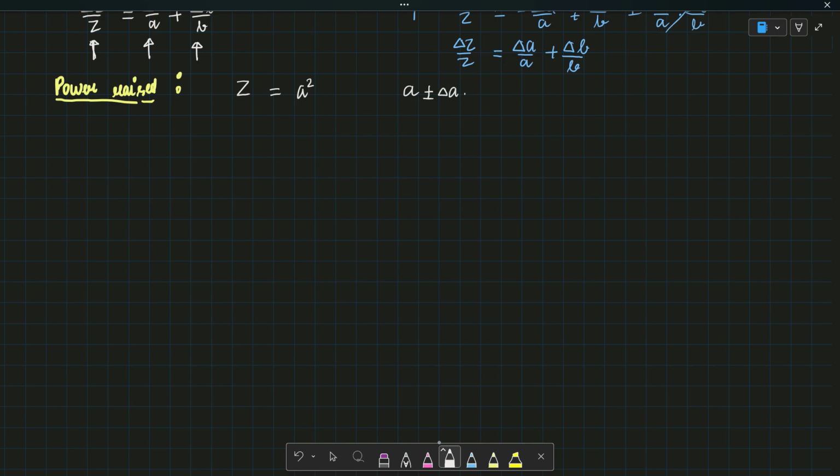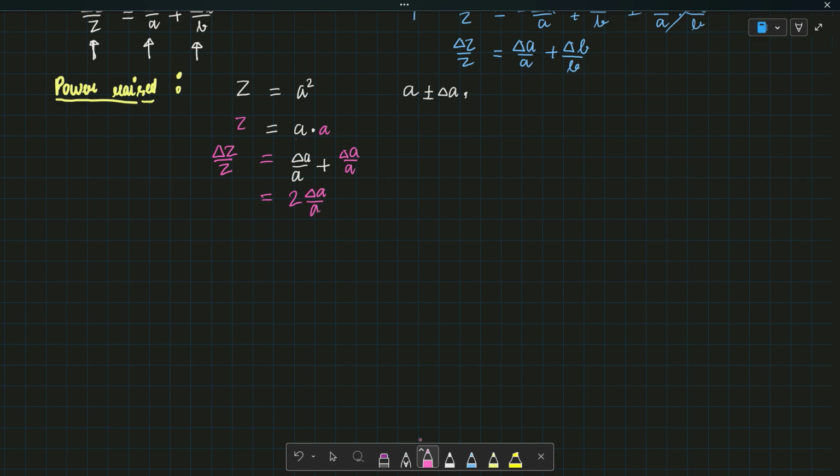An error in A. We have just calculated the error in case of a product. So A and this A are different quantities, but we have just calculated that the relative error in this case will be the relative error in A plus the relative error in A. So in case of power raised, the power comes in front, or you can say the power is multiplied.